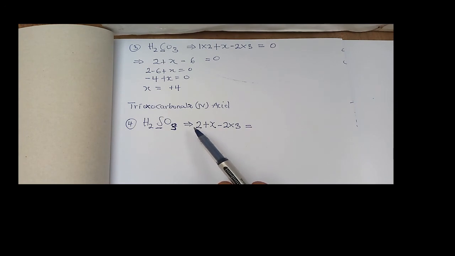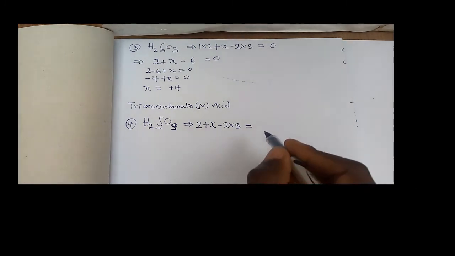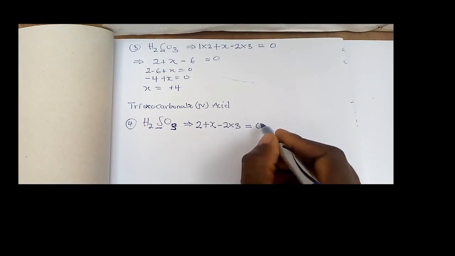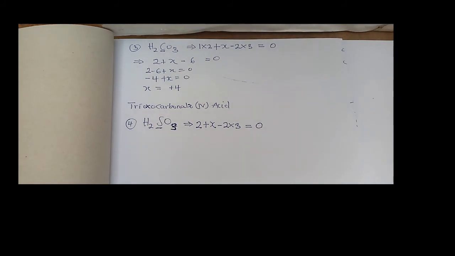And then in my first tutorial on naming oxo-acids, oxo-anions, and how to name compounds in general, I stated the rule that when you have a neutral compound, its oxidation number is equal to 0. Because this is a neutral compound, the total oxidation number is equal to 0, so we just bring 0 here.